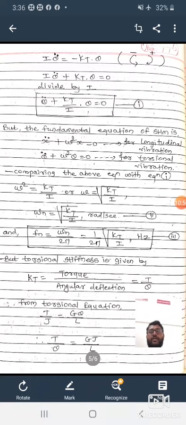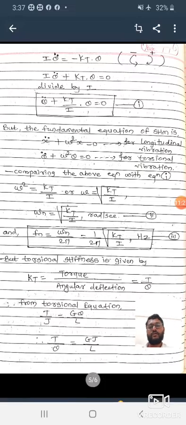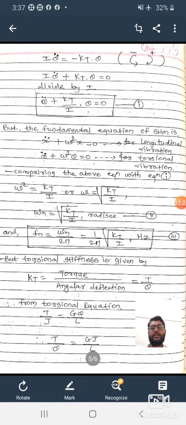We know that the natural frequency Fn equals omega n upon 2 pi, where omega n is the square root of kt by I. Substituting, we get the natural frequency equal to 1 upon 2 pi under root of kt upon I, in hertz. Students, we know that the torsional stiffness kt is the ratio of torque to angular deflection, that is capital T upon theta.